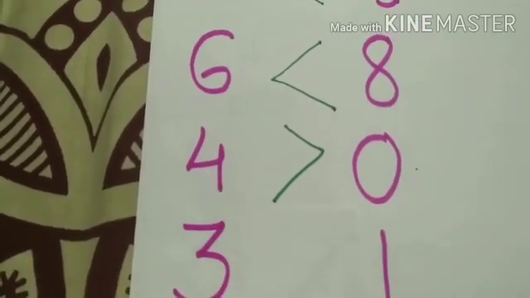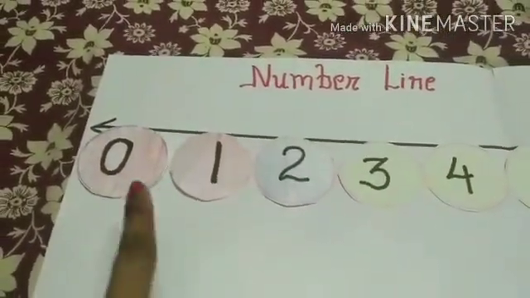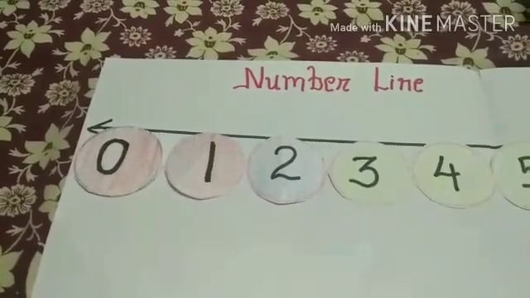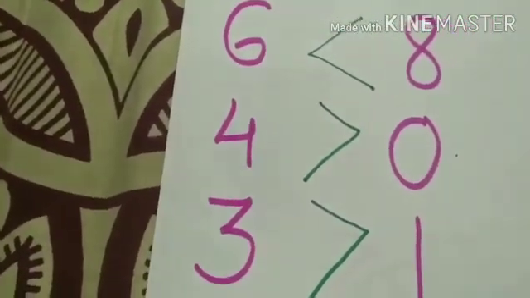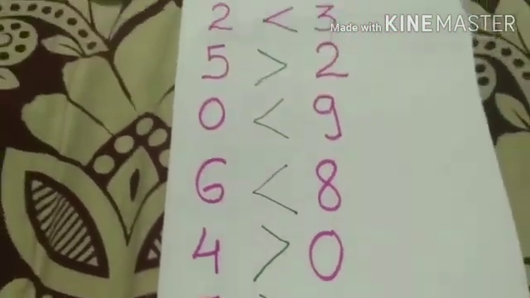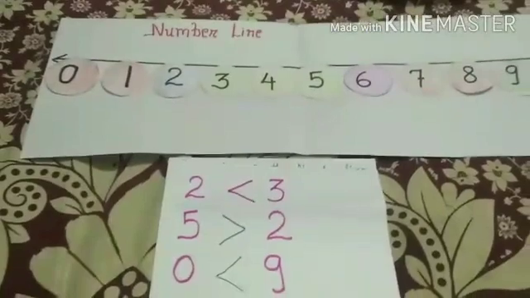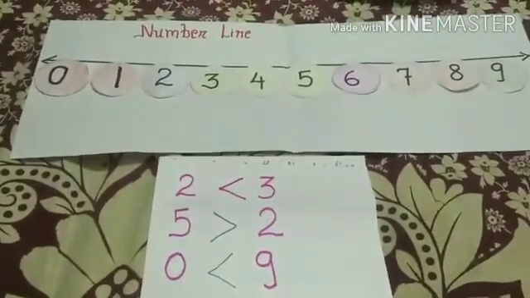Now next example, 3 and 1. 3 is far away from 0 and 1 is near to 0. So we'll put the sign of greater than. Now I hope all of you have cleared the concept of greater than numbers and smaller than numbers with the number line. Thank you.